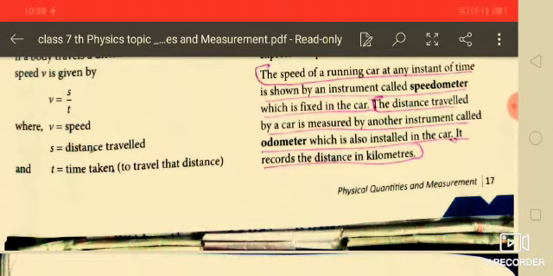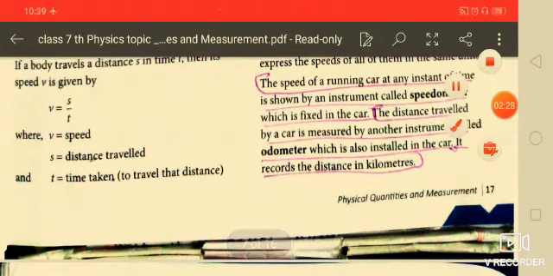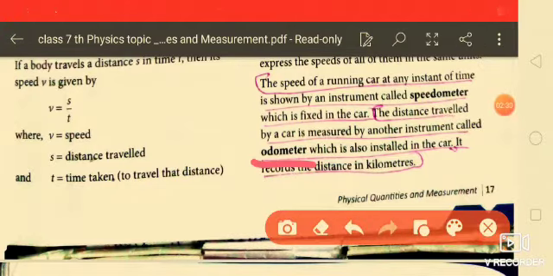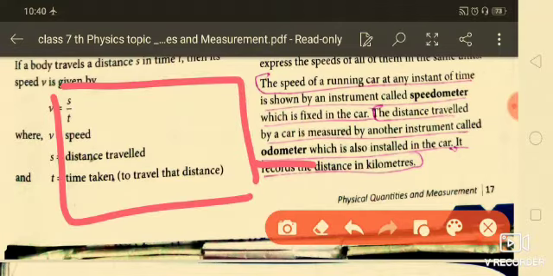This odometer is also installed in the car, but it measures only the distance, how many kilometers the car has traveled. You have seen in a car that there is an odometer and a speedometer.